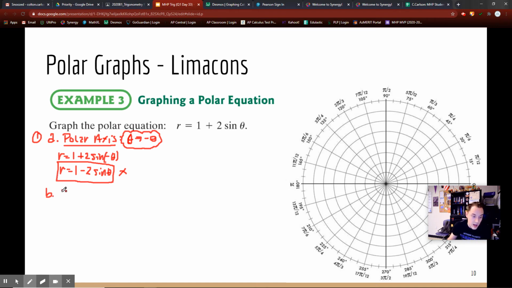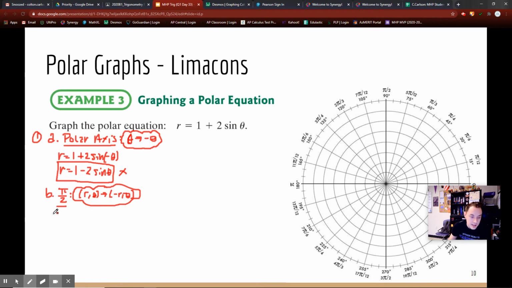Let's go to my line, pi over 2. This one says, if I take r and theta and make both of them negative, what's going to happen? If I make both of them negative, is it actually going to be symmetrical?